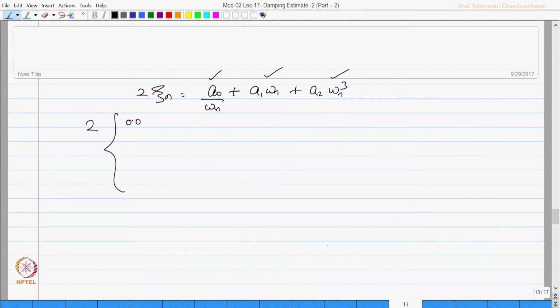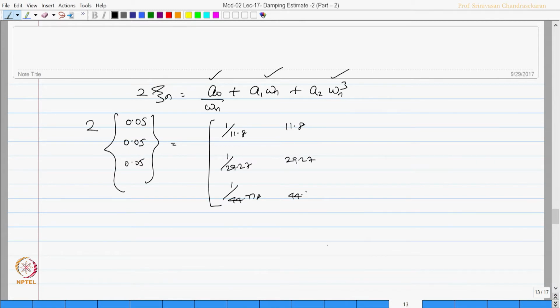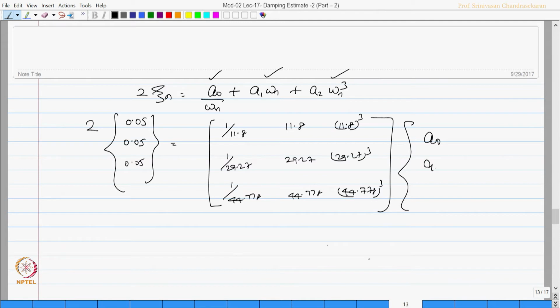So, very interesting. I am assuming damping ratio same in all the modes, classical damping, which is expressed in matrix form as 1 by 11.8, that is my omega 1, 1 by 29.27 omega 2, 1 by 44.778, then omega 1, omega 2 and omega 3, then omega 1 cube, omega 2 cube and omega 3 cube, times A 0, A 1 and A 2.